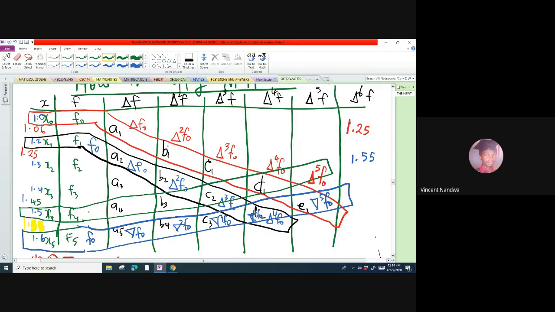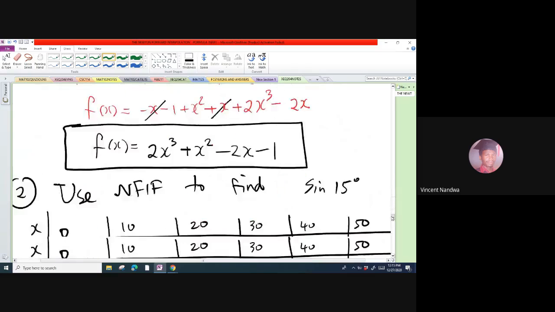So this becomes the F naught, this becomes the backward F naught, this becomes the backward second of F naught, this becomes the backward third of F naught, this becomes the backward fourth of F naught, etc. So ideally the opposite of what you do in the forward is what you do in the backward. Now let's do some examples to illustrate that.